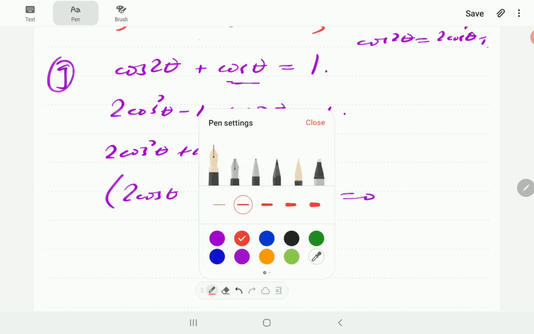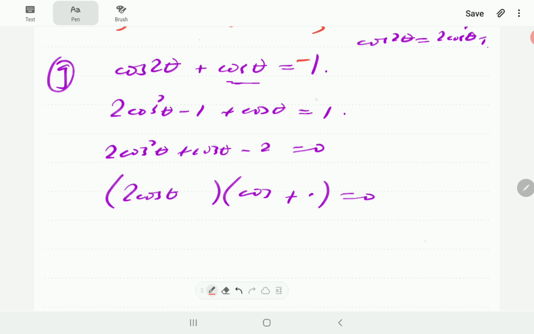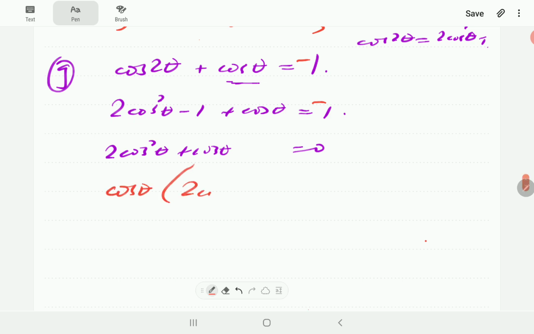So what it should have been is minus 1 here. If that's minus 1 there, then it's just going to be 2 cosine squared theta plus cosine theta. Then we can factor out cosine theta. We're going to have cosine theta times 2 cosine theta plus 1 is equal to 0. Then we're going to get 2 equations that we have already solved.